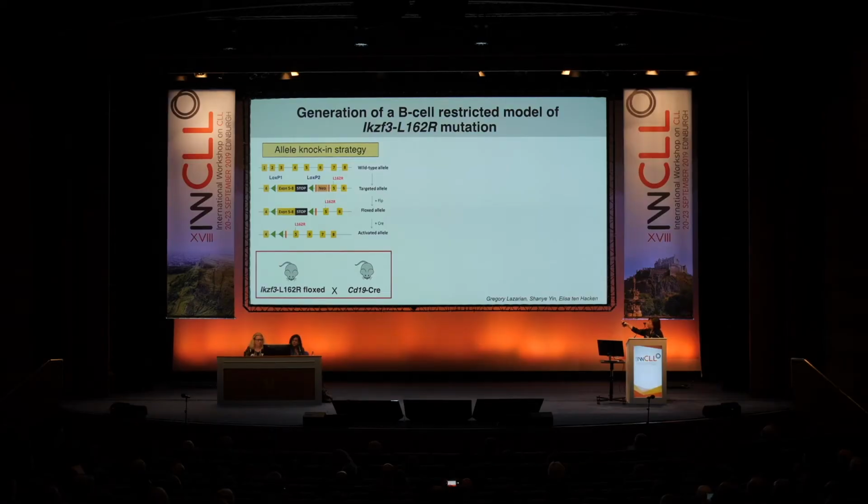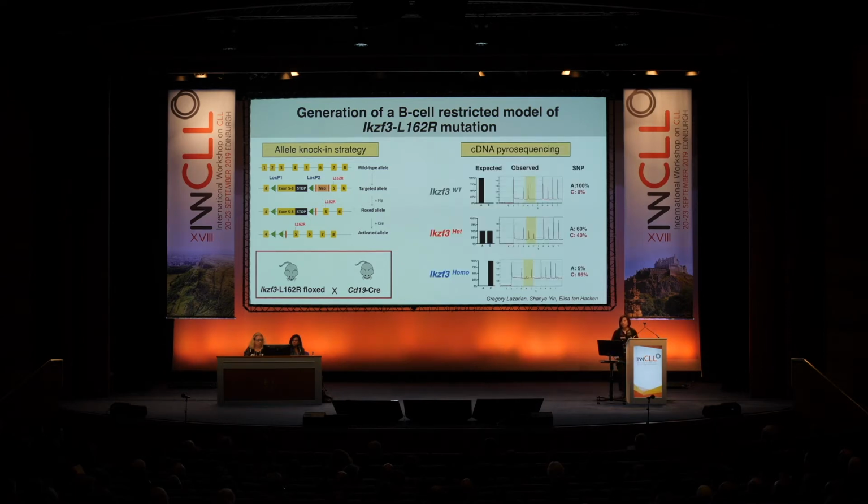We bred it together with CD19 Cre, so now we have a mutation with expression limited to B cells, and we could generate and confirm cohorts of wild type, het, and homozygous mice.